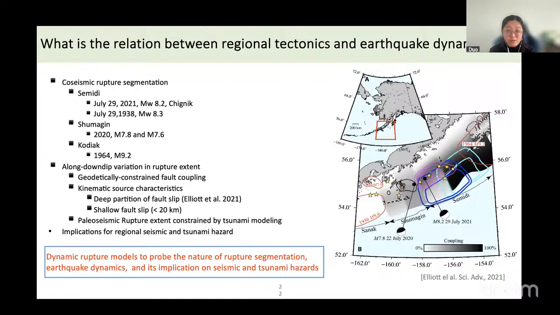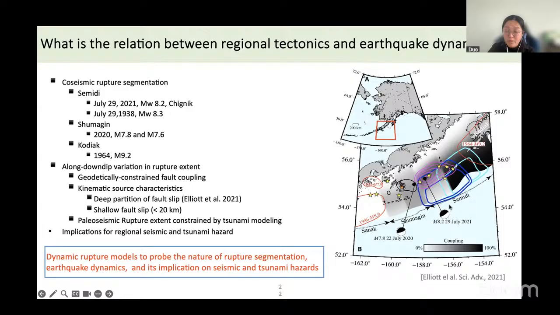So the next one, I want to talk about our latest work on another earthquake, the 2021 earthquake in Alaska. This is also a very interesting case because from the figure we can see there are several seismic or earthquake segments along the strike.